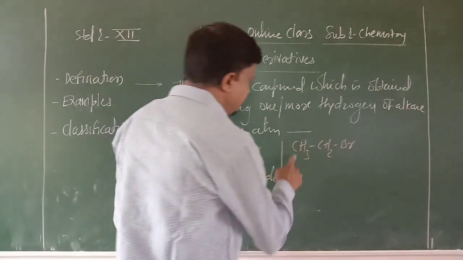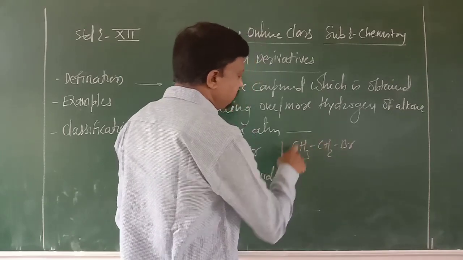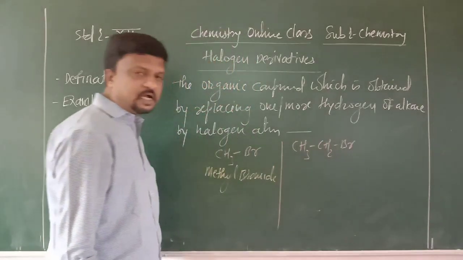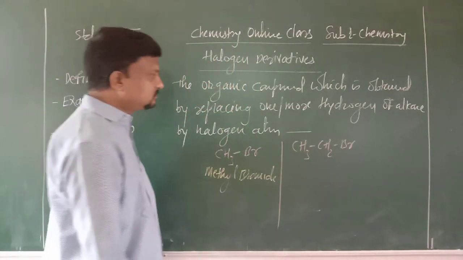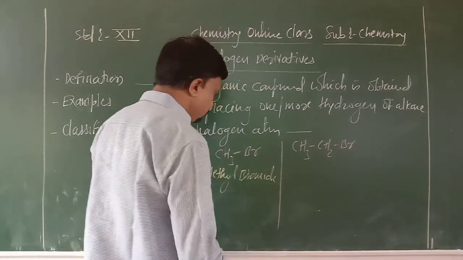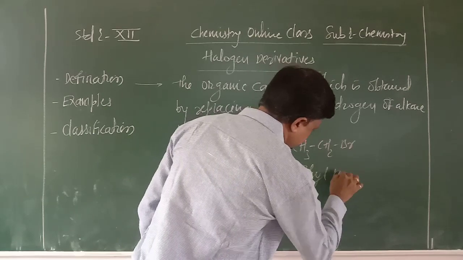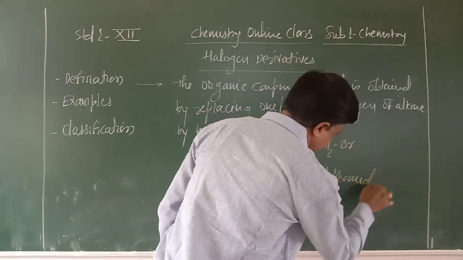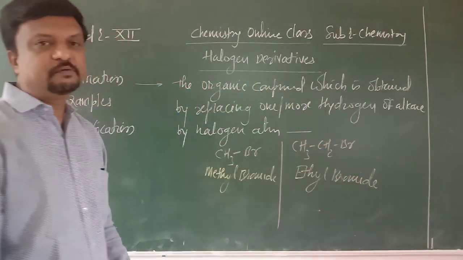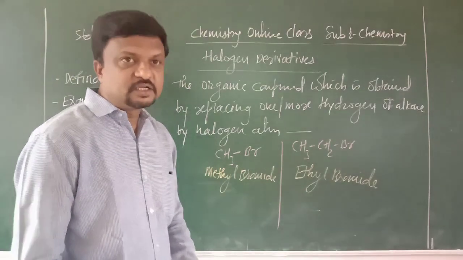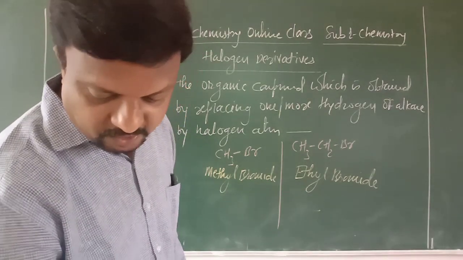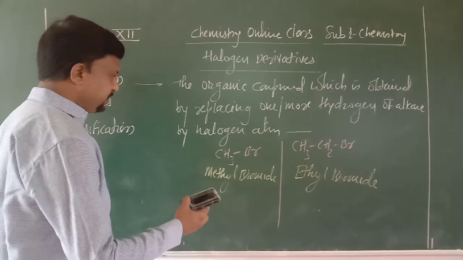The second is originally obtained from the parent hydrocarbon called the alkane, and one hydrogen atom is replaced by the bromine, so it is called the ethyl bromide. So these are the two simple examples for the halogen derivative.